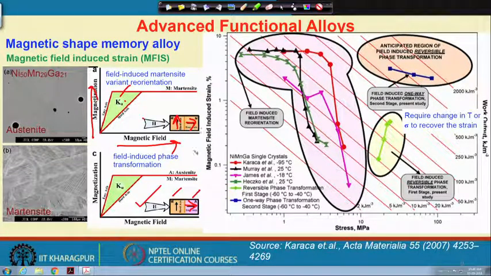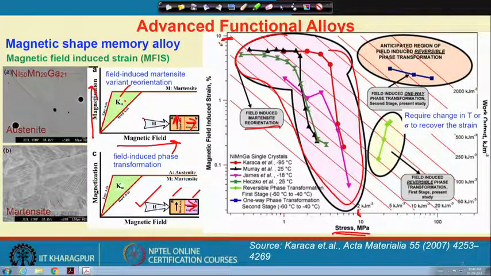So, these are the two different effects, one is the MIR and one is the MIM. Field induced martensite reorientation is occupying this region that people have observed so far. However, here a minimum stress is required, let us say 1 to 10 megapascal, and the recoverable strain can be achieved up to 10%, right.